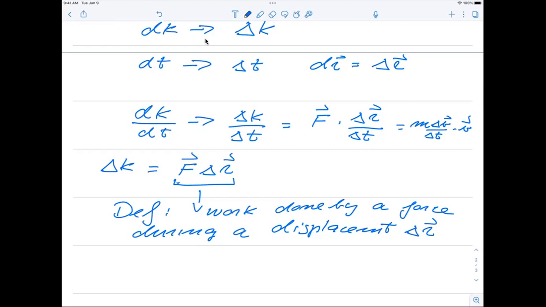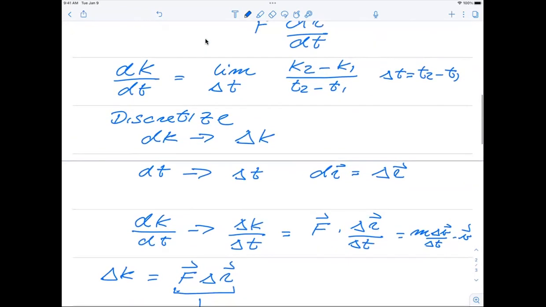And in our case, when we look back at what we defined up here, you see that delta k is just the difference between two kinetic energies.